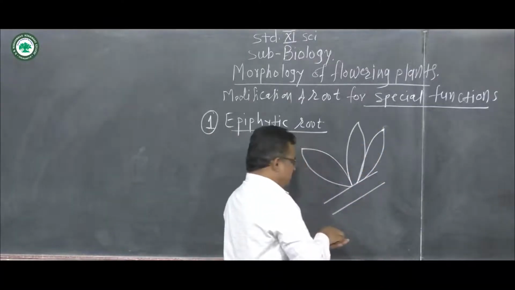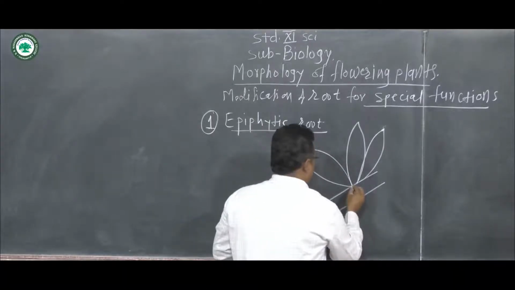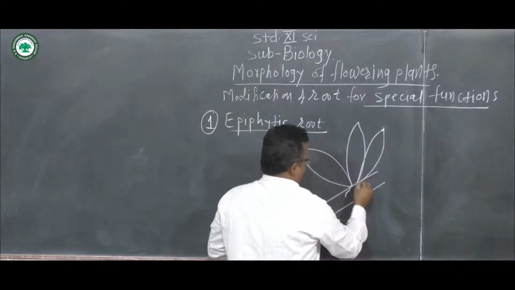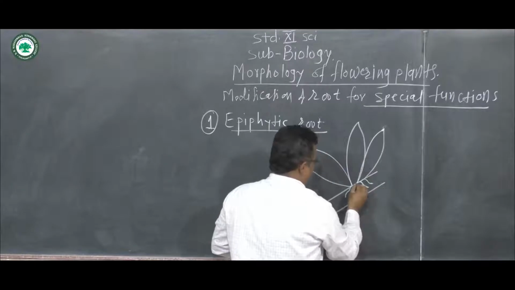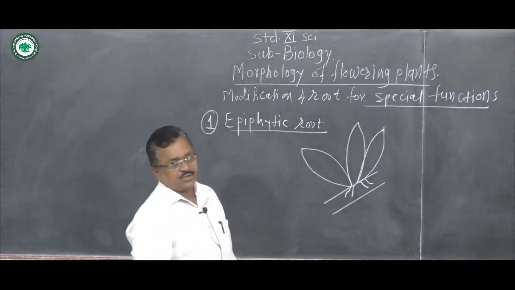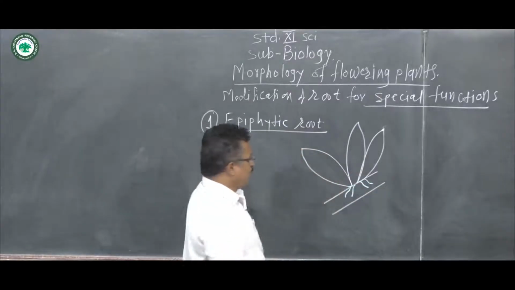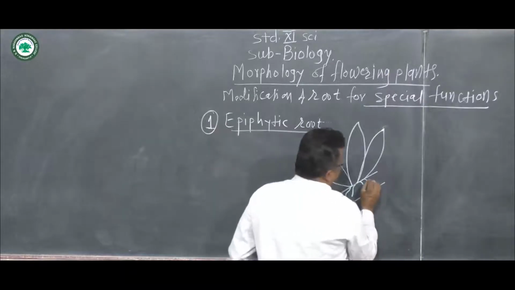They produce two types of roots. One type of root is only for support. These roots are called clinging roots.